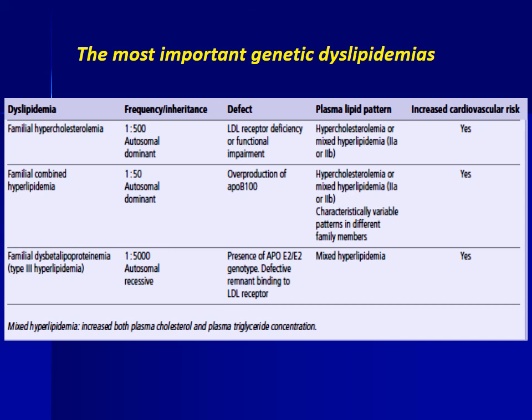In familial hypercholesterolemia, the frequency of inheritance is 1 in 500 and the inheritance pattern is autosomal dominant. The defect is LDL receptor deficiency or functional impairment. The plasma lipid pattern is hypercholesterolemia or mixed hyperlipidemia, 2A or 2B. The increased cardiovascular risk is there always.